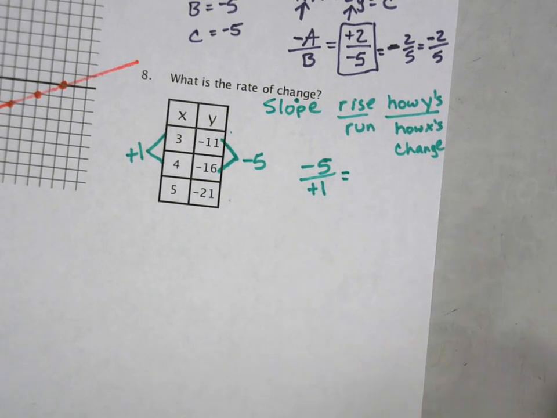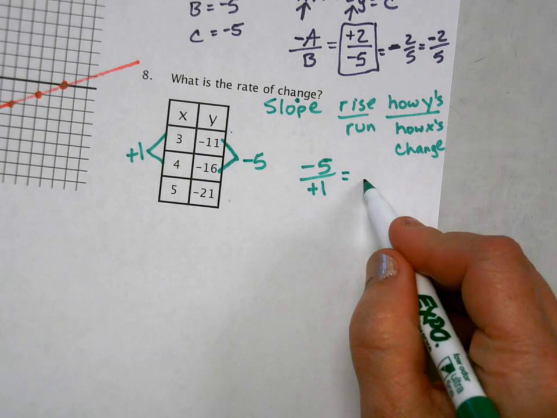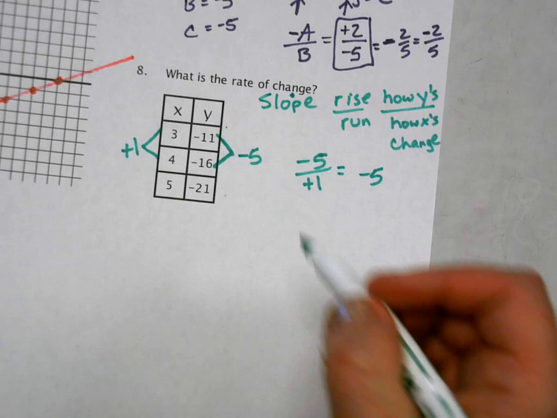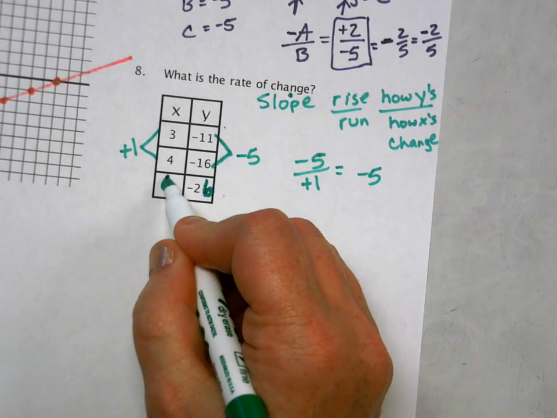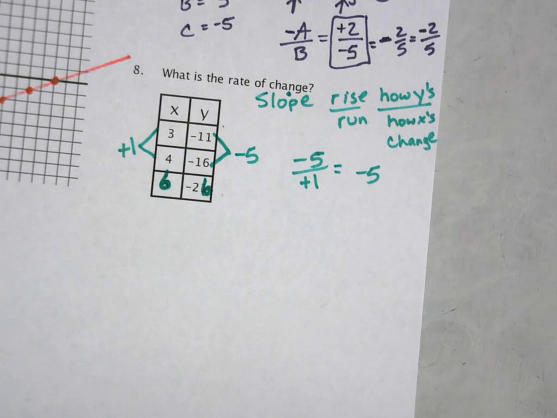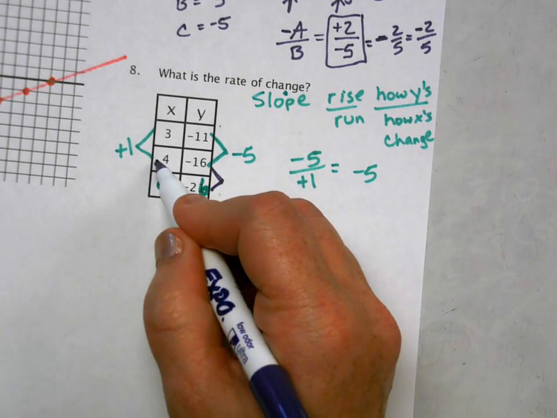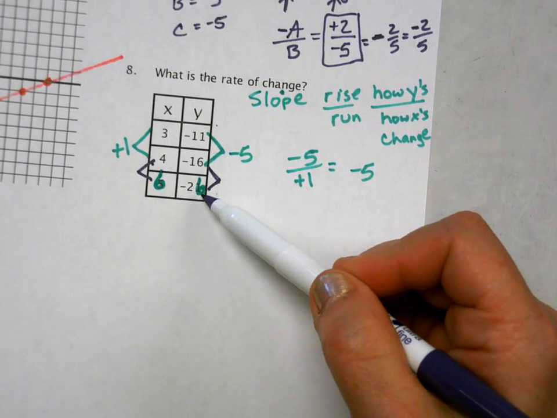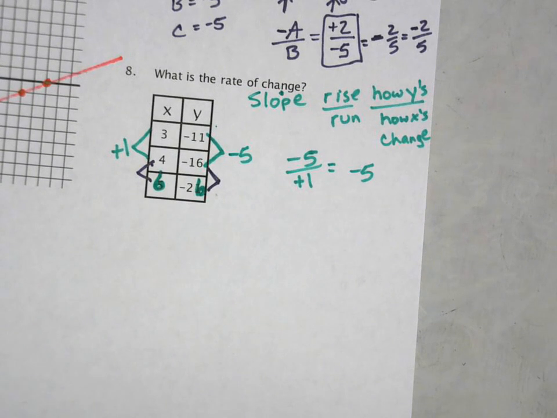So how does this reduce? Negative 5. Okay. So it was asked earlier today, what if this was 26 and this was 6 instead? So then if I used these coordinates instead, so from negative 16 to negative 26, what would my change be right there?